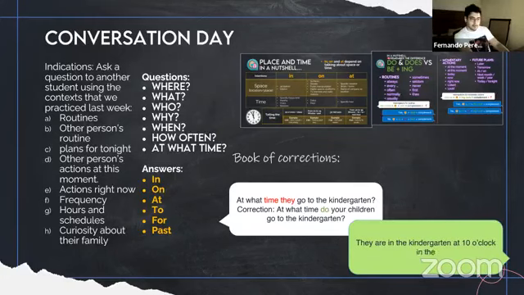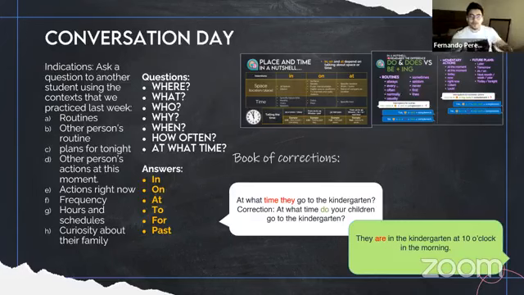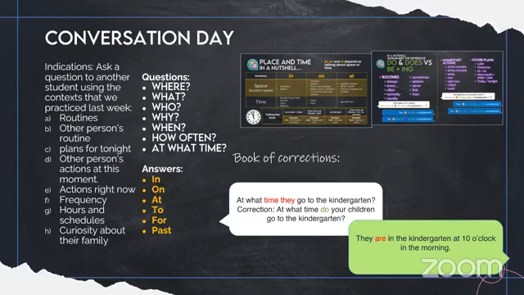The complement is perfect, but the action is not correct. The verb are is for existence, for location, but we are not saying location. We are talking about transportation. They do.